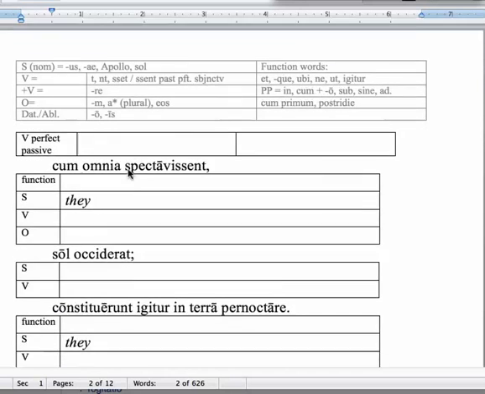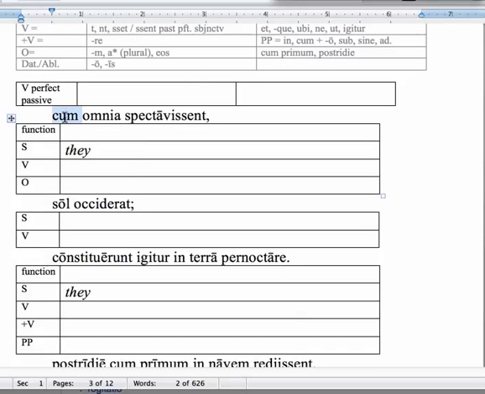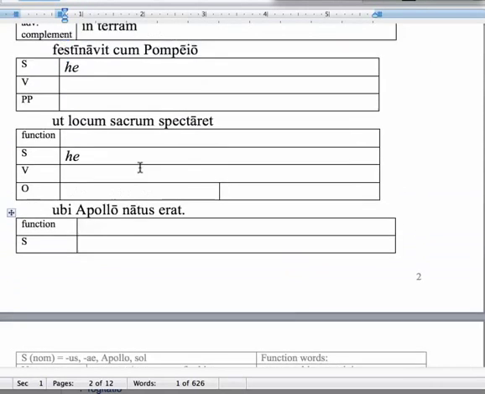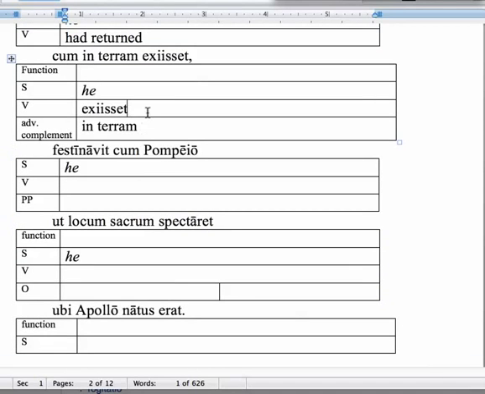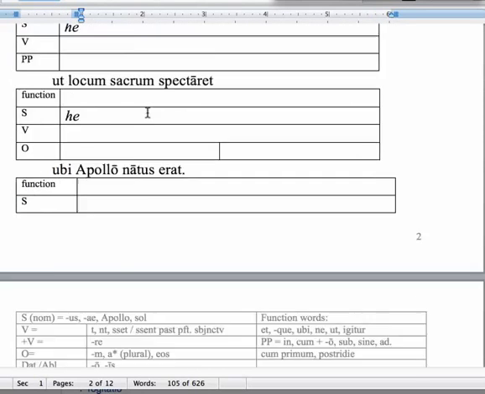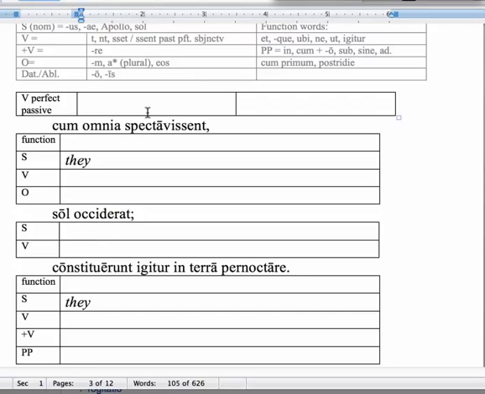Had been born. Cum, at the beginning, a function word. Verb spectaverant, which you should be able to know how to translate from this example, past perfect. Okay.